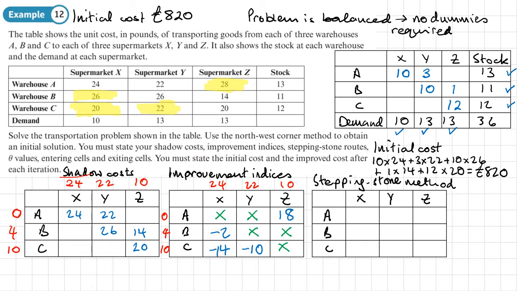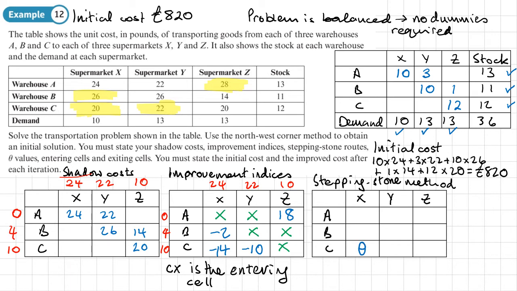So we're going to write down that CX is the entering cell. So part of the method did say that we need to write down what the entering cells are and exiting cells. So entering cell. And then we put theta in that cell. So we put theta here.